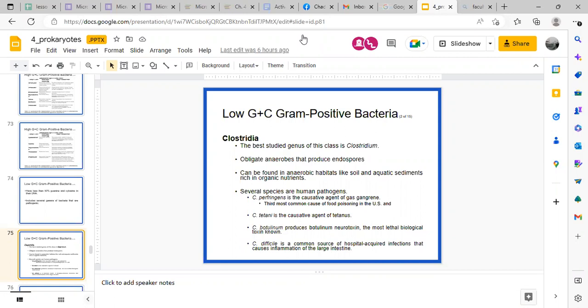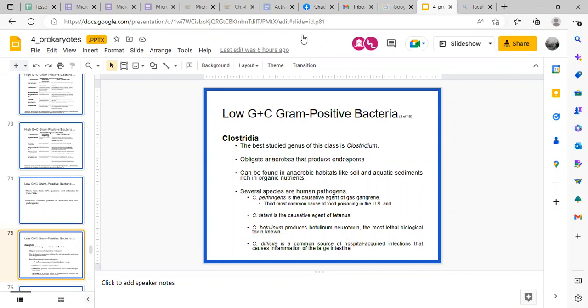Okay? And then you also have C. botulinum. So this is used to make biological weapons. It produces botulinum neurotoxin. So aside from anthrax, this is one of the deadly neurotoxins produced as a bioweapon.